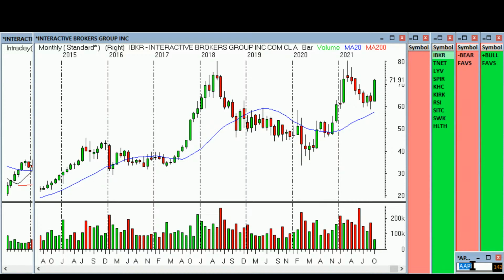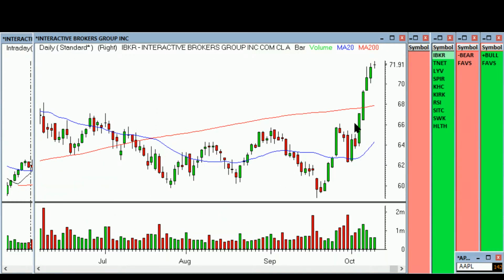IBKR, not touching. Netflix, Tesla, sure, I might tighten the trail. This one I'm going to let stop out if need be. My only regret is I started with $1,000 risk, not $2,000, on this. I did add 100 shares at 66.